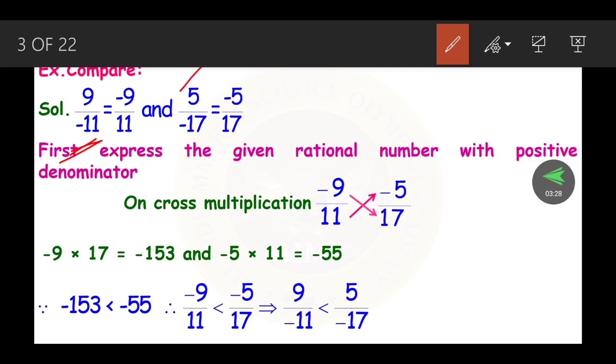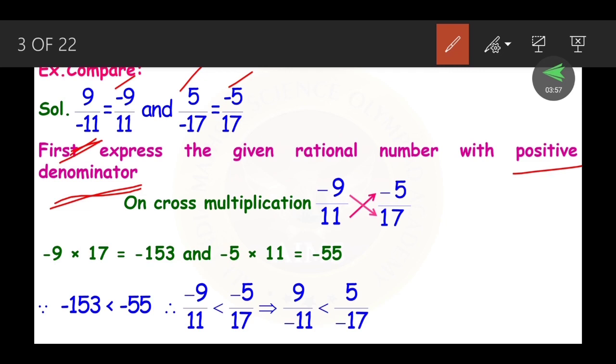But what is the condition here? The denominator must be positive. So we take the minus symbol upwards, and it becomes minus 9 by 11. Here also, minus symbol upwards, it becomes minus 5 by 17. So we have expressed the given fractions with positive denominators.